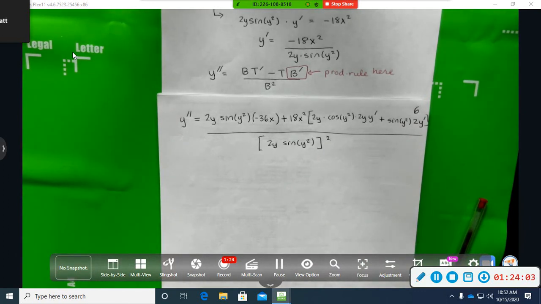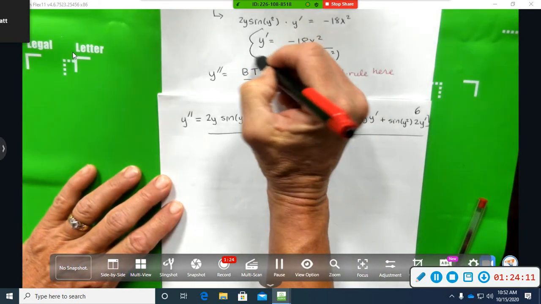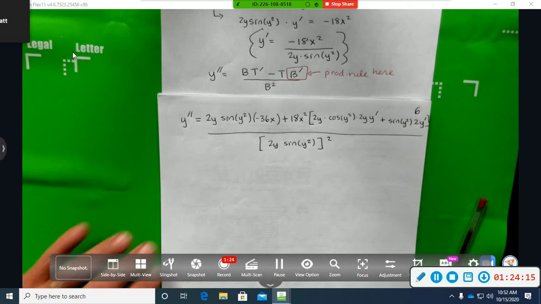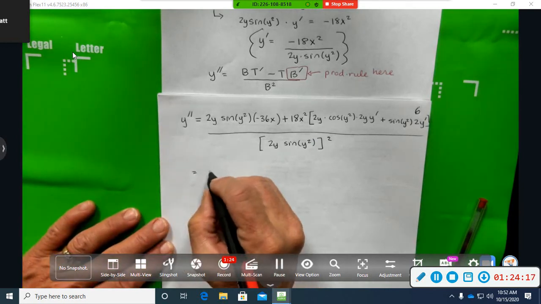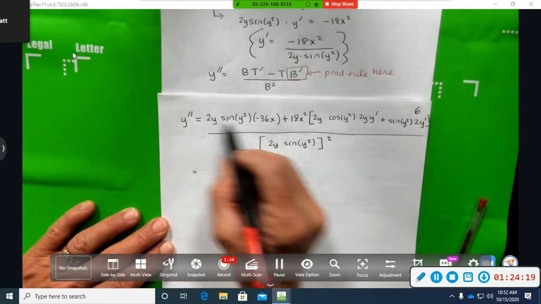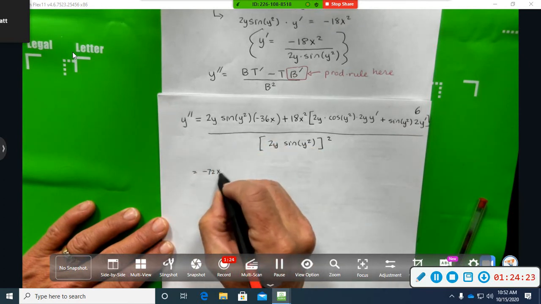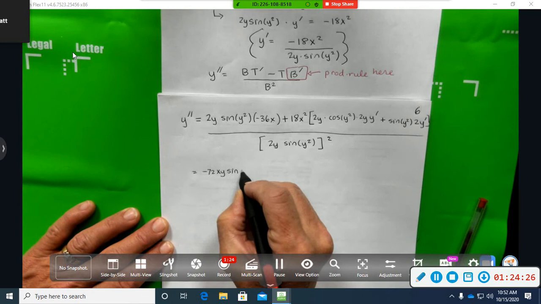I want my derivative only in terms of x and y. So everywhere I have a y prime, we're going to put in the negative 18x squared over 2y sine of y squared. So my final answer will look something like, I'm going to go ahead and put these together. 2 times negative 36 is a 72xy sine of y squared.